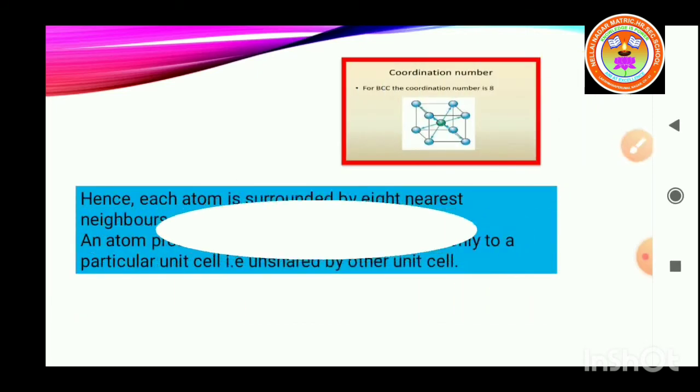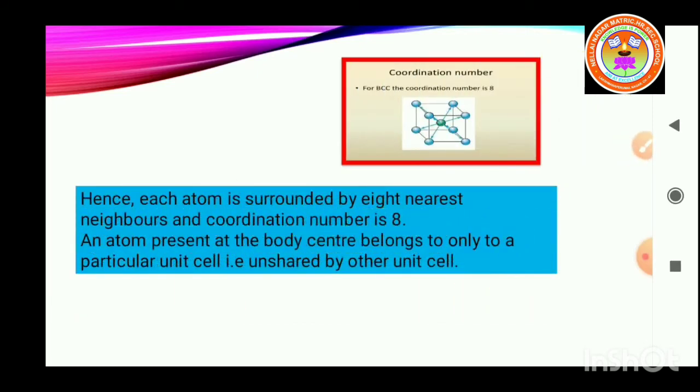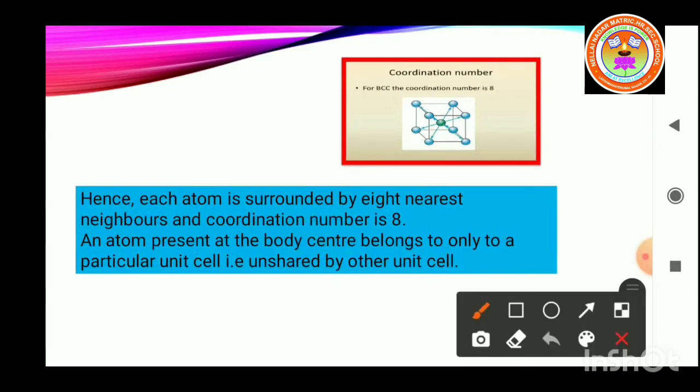What is the coordination number of BCC? See here, each atom is surrounded by 8 nearest neighbors. In BCC it is 8. What about SC, students? That is 6. But in the case of BCC it is 8.